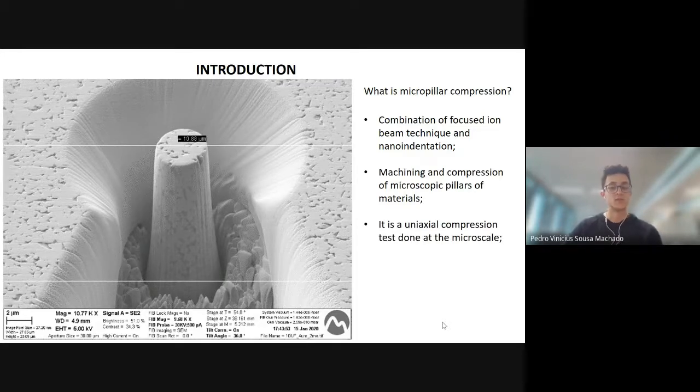It's interesting because it's a simple test, a uniaxial compression. And as you can see from the really good images we can get, it's a very good test to observe very closely the local failure behavior and deformation behavior at the microstructure level.